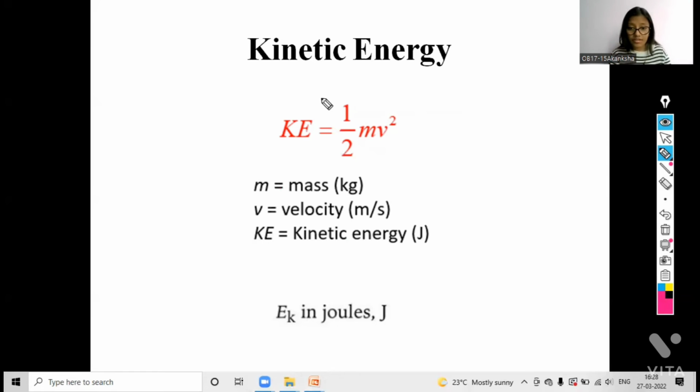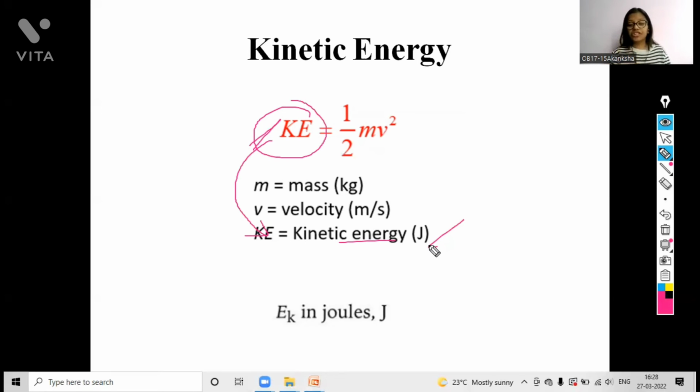Here, in this red part, you can see the formula for kinetic energy, where KE is the kinetic energy, and the unit for kinetic energy is joules, designated by the capital J. So the formula for kinetic energy is half mv square.